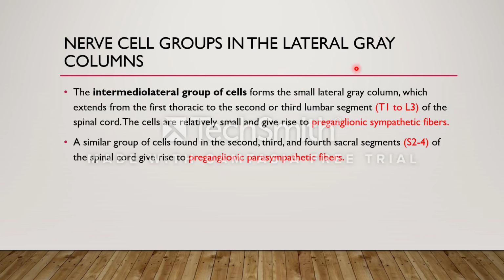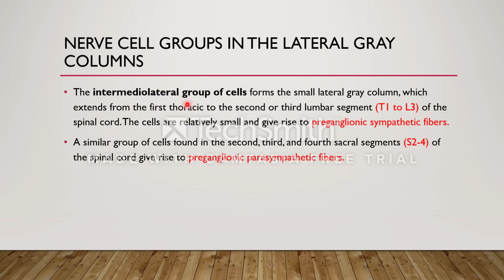Now the lateral group, which is the last group, the intermediolateral group of cells, forms the small lateral gray column. It extends from the first thoracic to the second or third lumbar, T1 to L3 region of the spinal cord. They are relatively small and give rise to preganglionic sympathetic fibers.